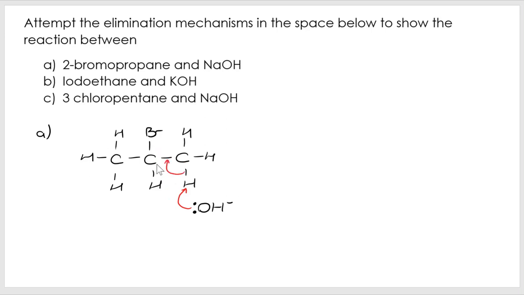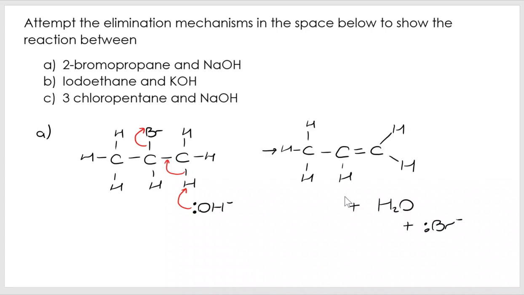That then means that the double bond is created as the C-H bond is lost, curly arrow going in, and then the final curly arrow for the bromine being lost. And that means that in this case, we are making propene, we're making the H2O again, and we're making the Br-, and that Br- will go off to make NaBr, joining up with the Na+ ion that's been a little bit of a spectator.